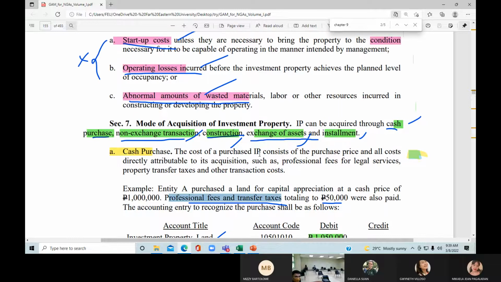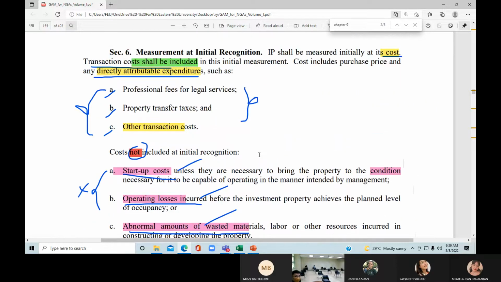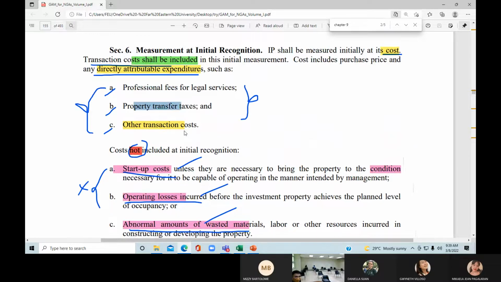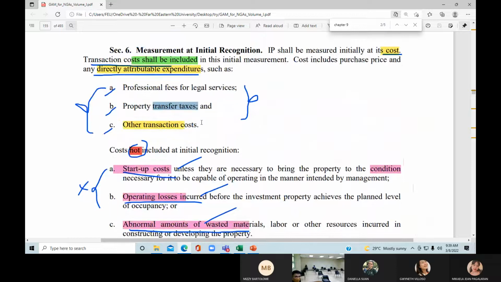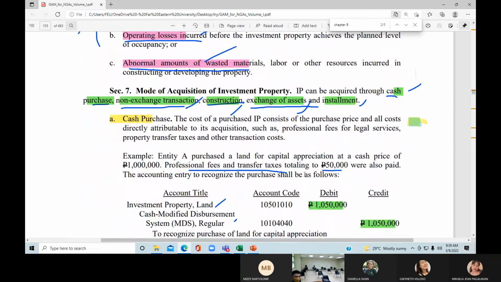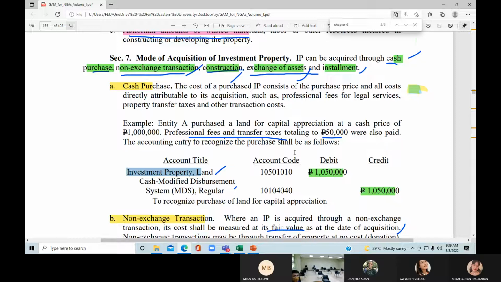Isasali mo ba yan bilang directly attributable expenses? Yes, ayan yun. No? Professional fees and transfer taxes. So, isama mo yung 50,000 dun sa 1 million. 1,050,000 debit investment property. Land. Okay, credit, cash, MDS regular.